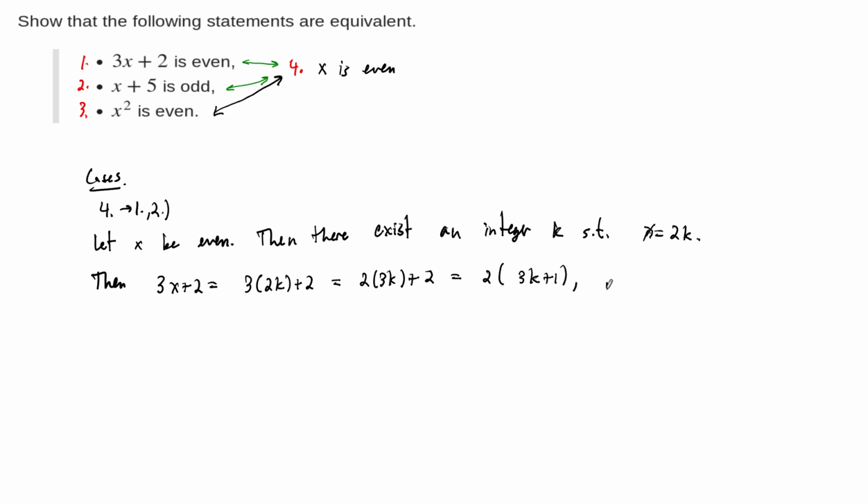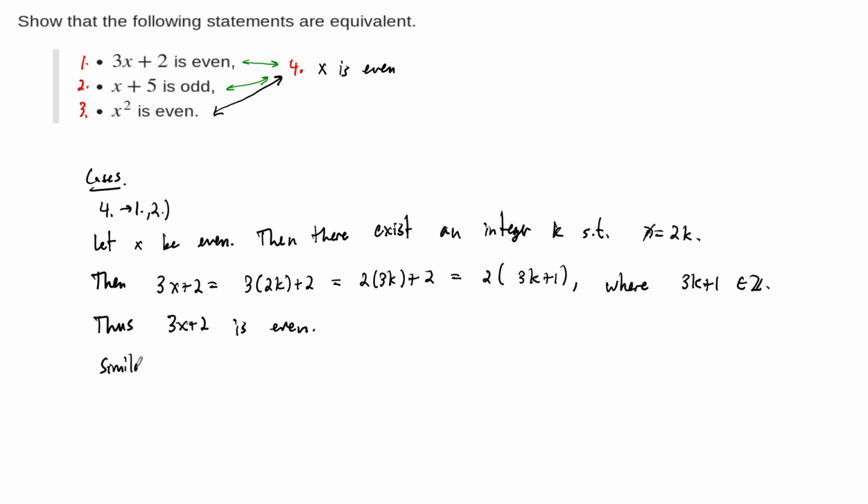And of course, we have to say that this 3k plus 1 is an integer. We can use a symbol here. So we conclude, thus 3x plus 2 is even. And so now we've got 4 implies 1.